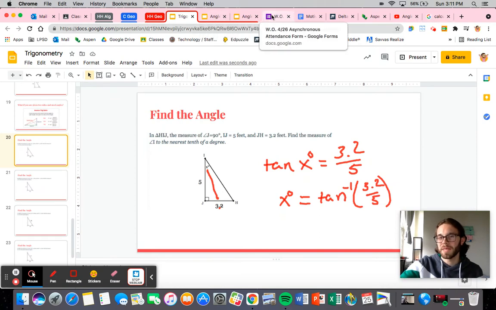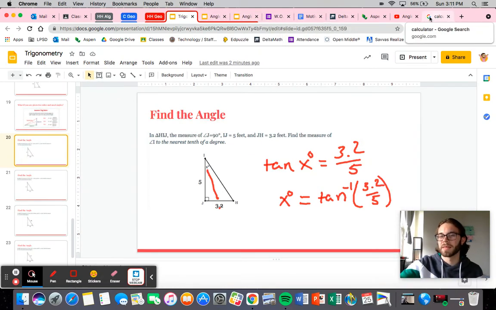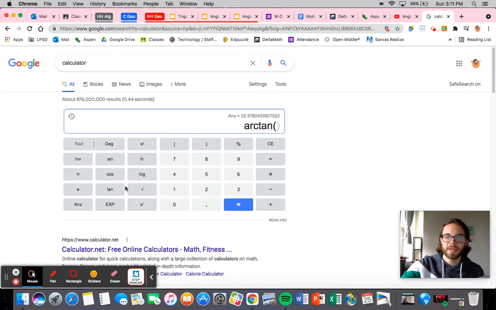Again, please, please, please stay in degrees. Your answer will be in degrees for the purposes of this class. So inverse tangent, and you'll see it comes up as arctan. They mean the same thing. 3.2 divided by 5. Okay, and that is equal to 32.6. So this is your angle. All right, your angle is 32.6 degrees.